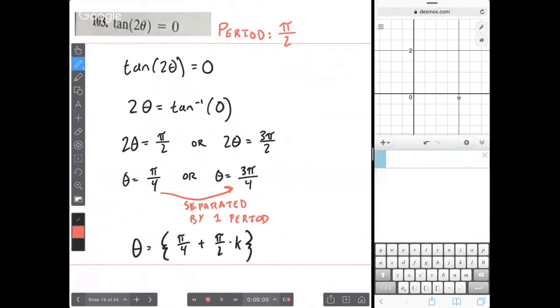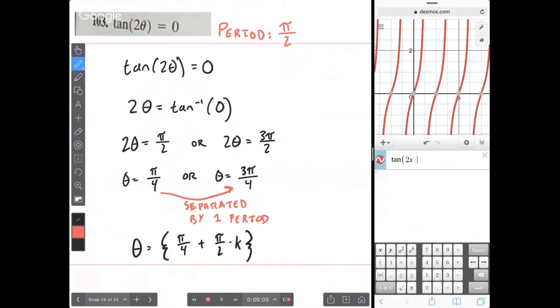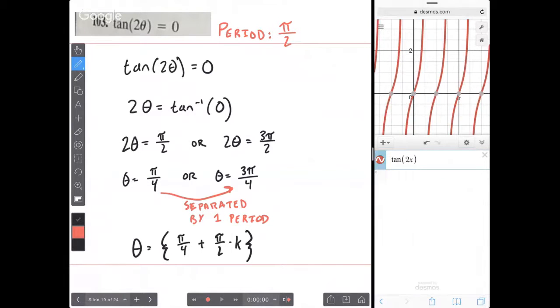When does tangent of 2 theta equal 0? Here it is at 0, 0, at pi over 2, and at pi. Did I make a mistake? Where's my mistake?